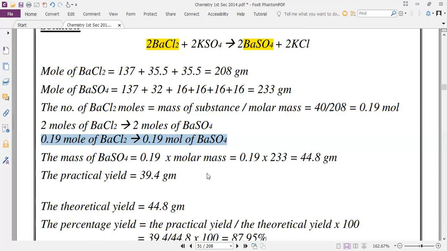Yes. So by cross multiplication, the mass of substance equals number of moles times molar mass. 0.19 times the molar mass of barium sulfate that we calculated.